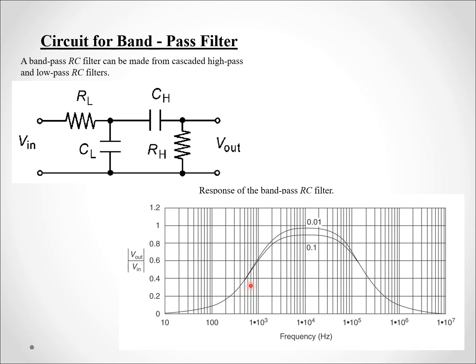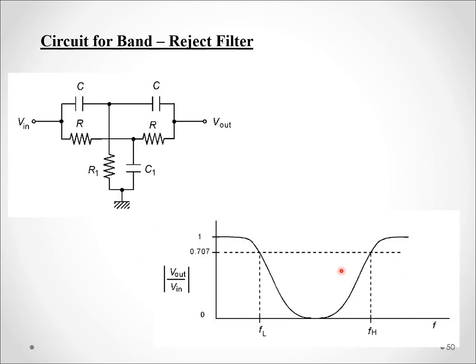We also have another type of filter, the band reject filter, where you can see this filter will block out a certain range of frequency marked by lower FL and FH. So it will only block this range of frequency while allowing the lower and higher frequency of the signals.